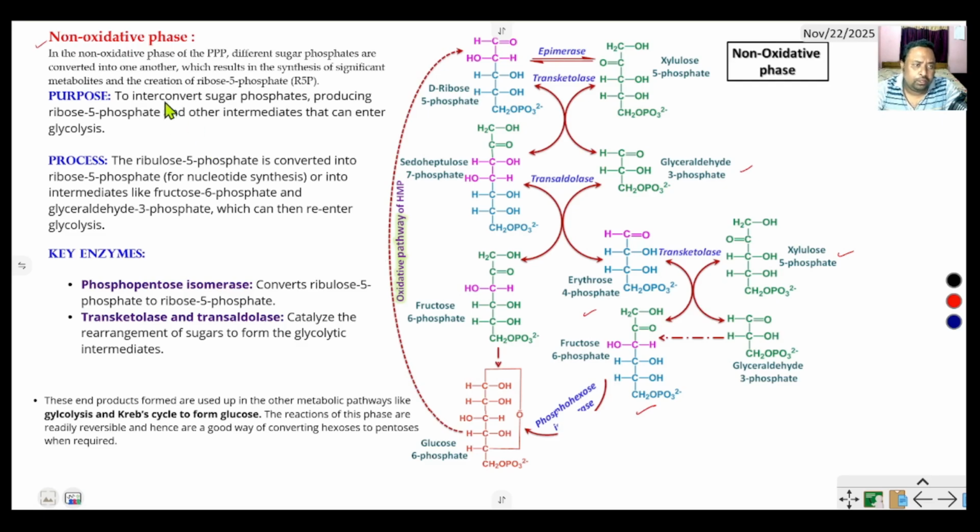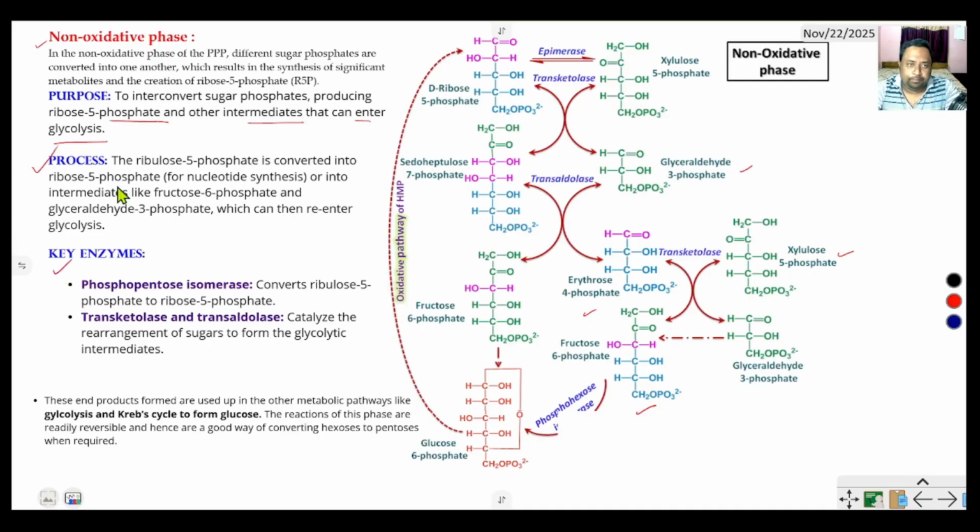The purpose is to interconvert sugar phosphates, producing ribose 5-phosphate and other intermediates that can enter glycolysis. Different types of sugar are produced that are used for different purposes in the cell. Clear?